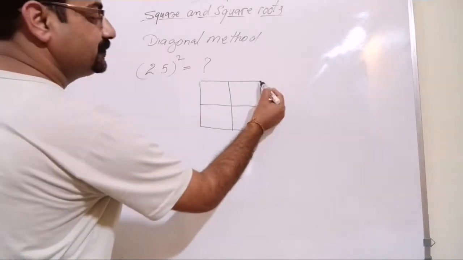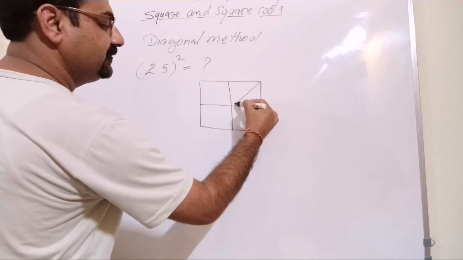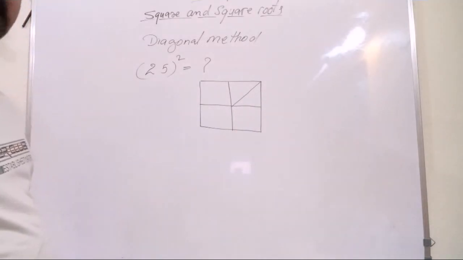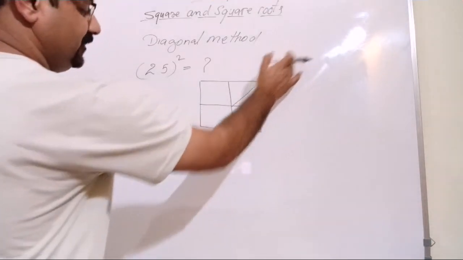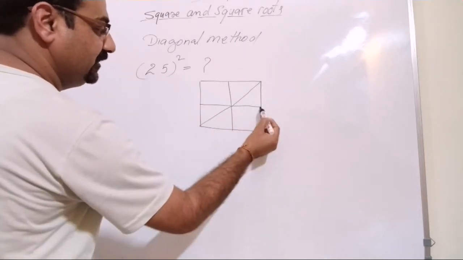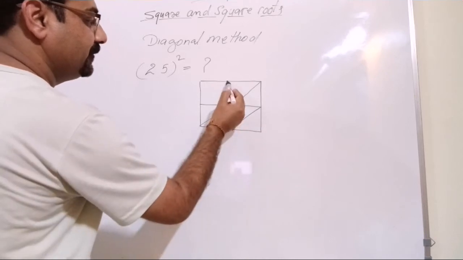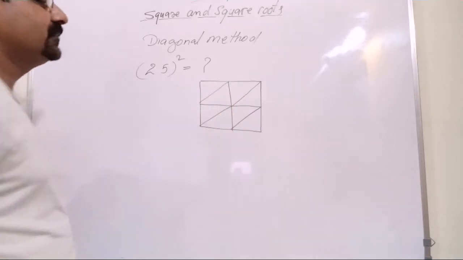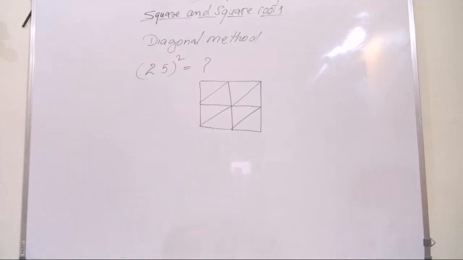Now we divide all squares diagonally, making the diagonal from the top right side to the bottom left side. Okay beta, now this is the picture.